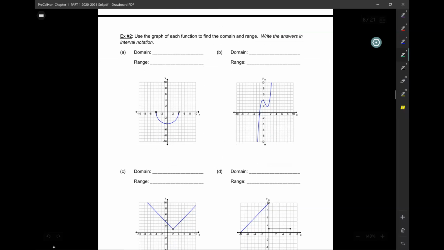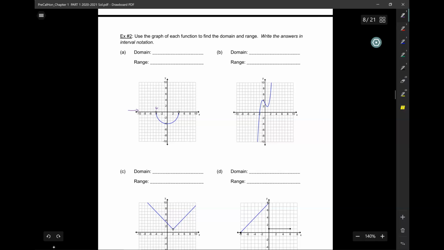All right, let's talk about domain and range. The domain of a function is all of the x values for which a graph exists. Take a look at this first one here. If I start looking along the x-axis, starting from the far left, where is the first point where I hit a graph?